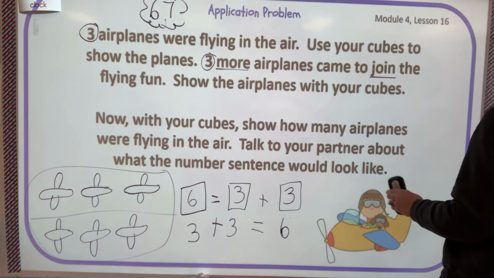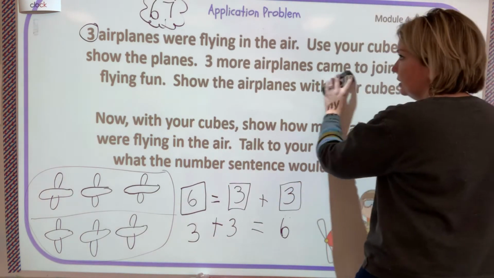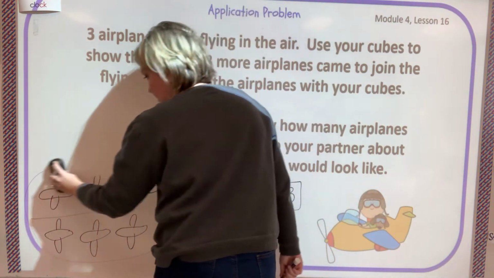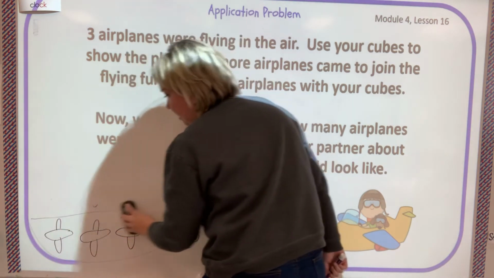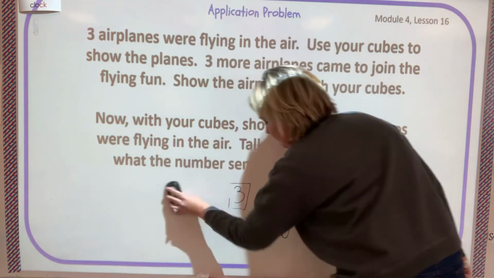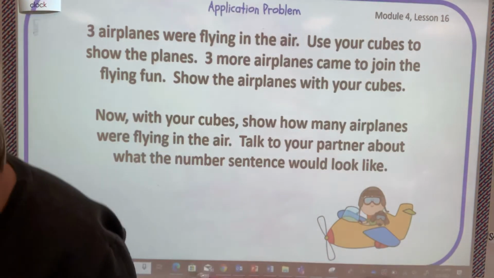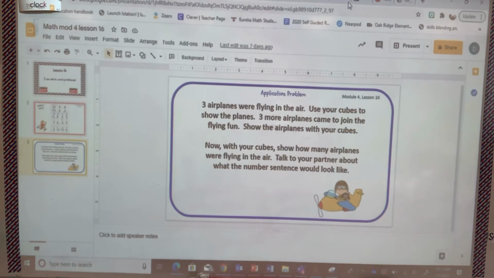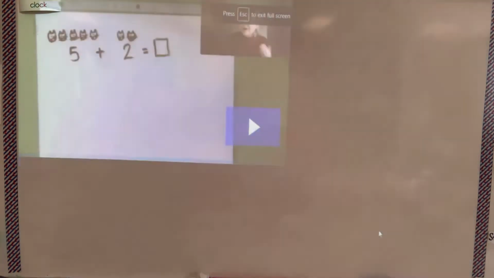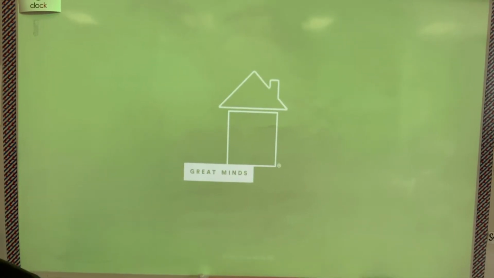I'm going to erase my whiteboard, and we're going to listen to Mrs. Hawkins help us with our next lesson about solving story problems or word problems. Let's listen.